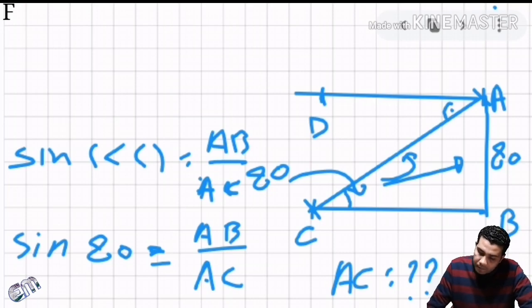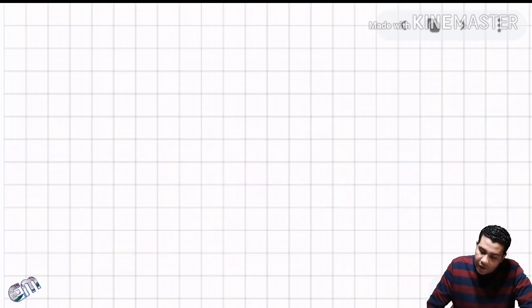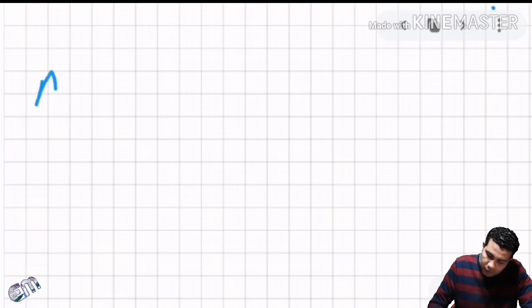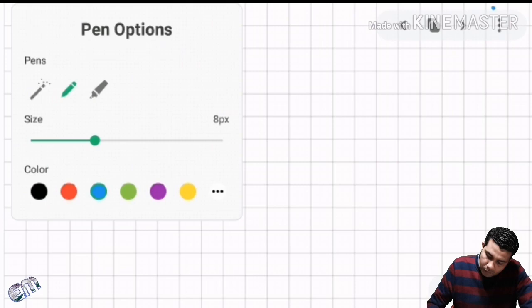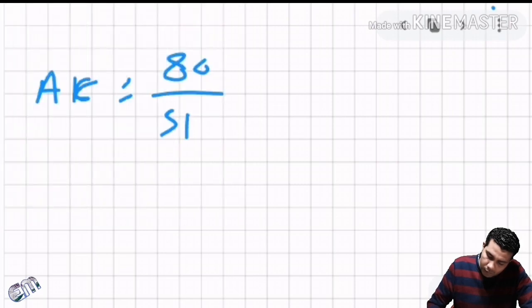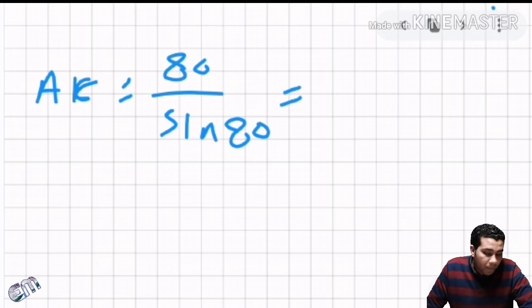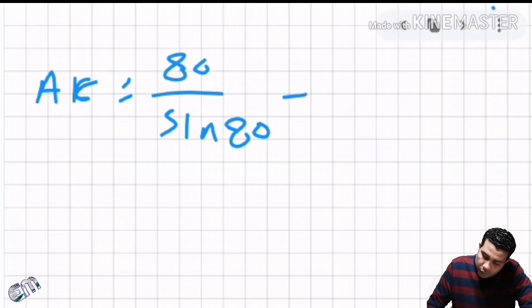We can divide 80, the value of AB, so AC equals 80 over sine 80. The result will be approximately, to the nearest meter, 81 meters.